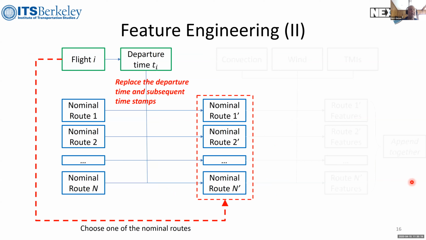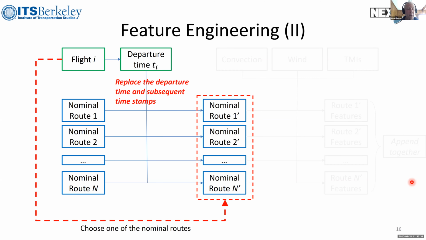So what we basically do here is we start with our nominal routes. Those are the white ones, and remember that these are actual flown itineraries that happen to be the kind of best representative of each cluster.